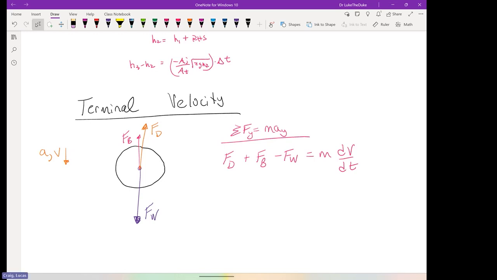Now the drag force is 1/2 rho V squared CD times A. You remember what the buoyancy force was from fluids? It's the density of the fluid, which would be air, times gravity, times the volume submerged. But if it's a tennis ball submerged in air, it's just the total volume, right?